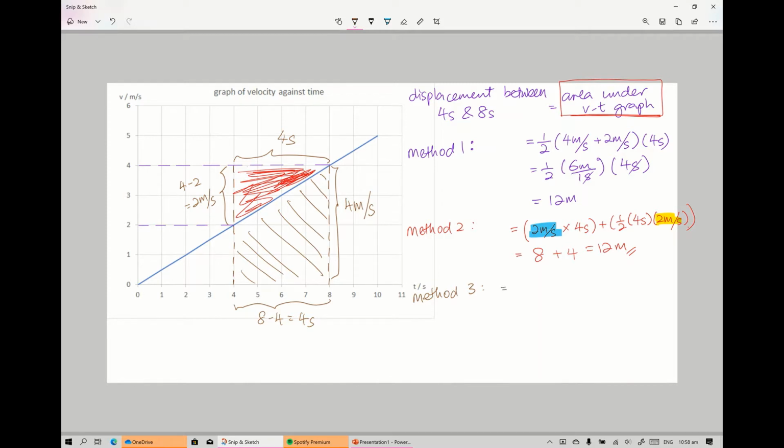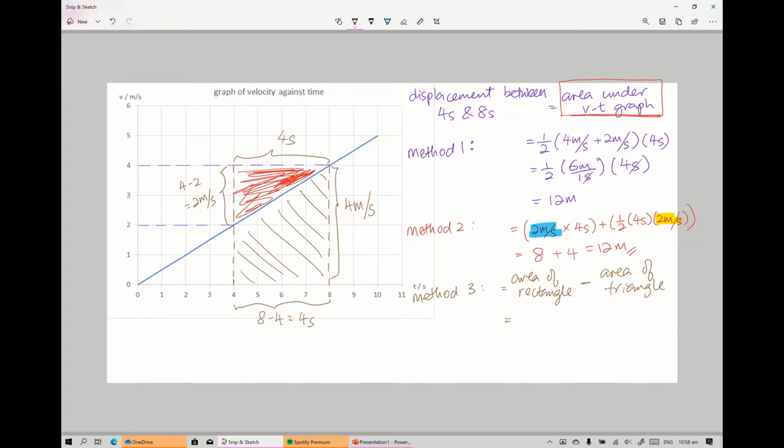So the third method is to take the area of the rectangle minus the area of the triangle.